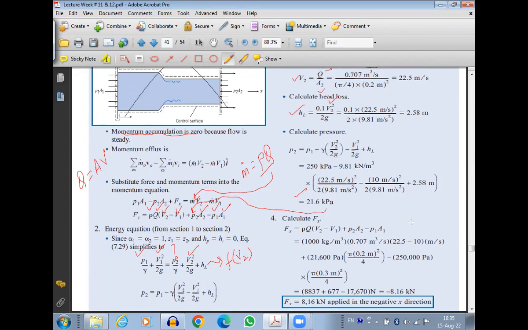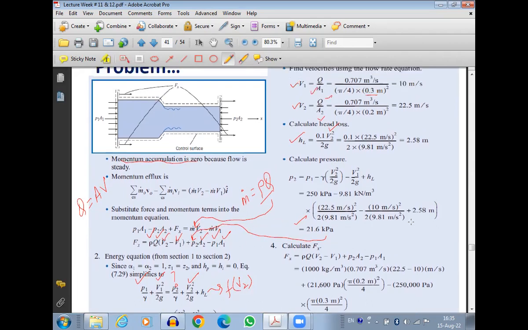So you see here, this is a problem where you are using the concepts of the last 3 chapters together. We use the continuity equation to find out the velocities. Continuity equation was used in chapter number 5. Then we wanted to find out the force. This is where we use the momentum equation, which we developed in chapter number 6.